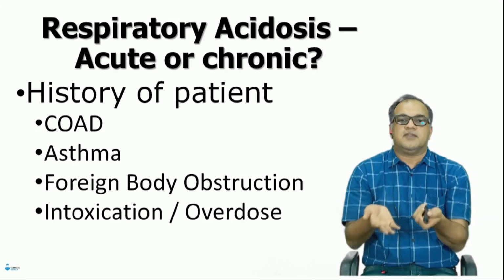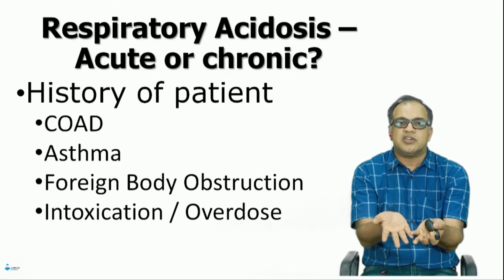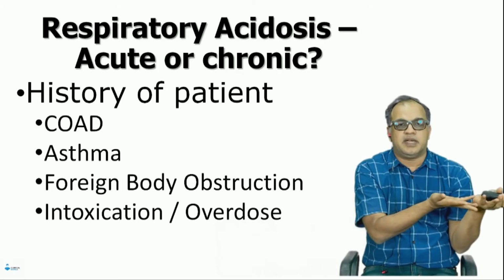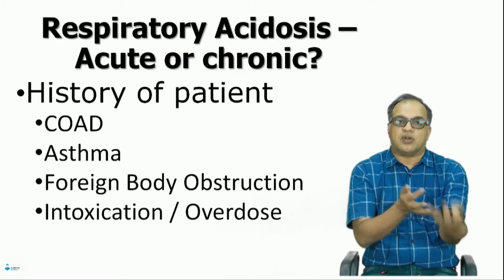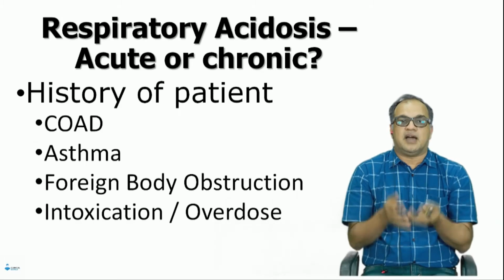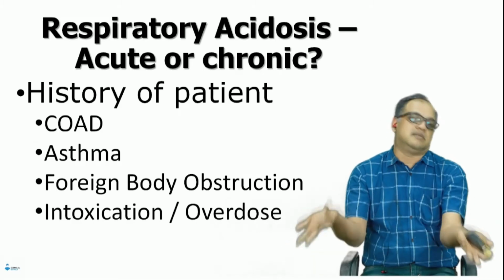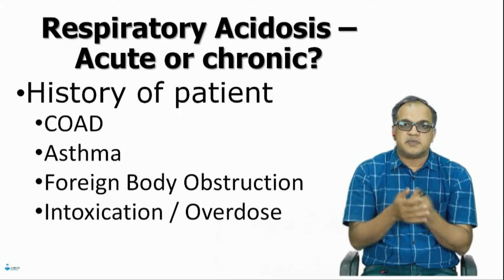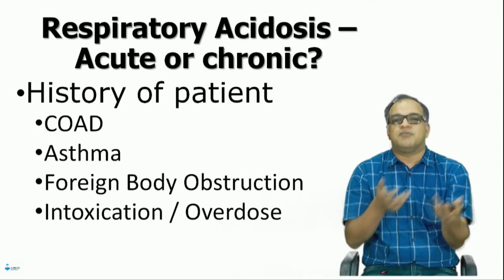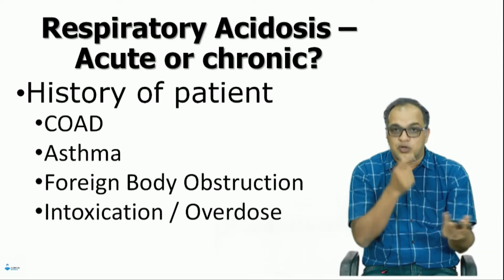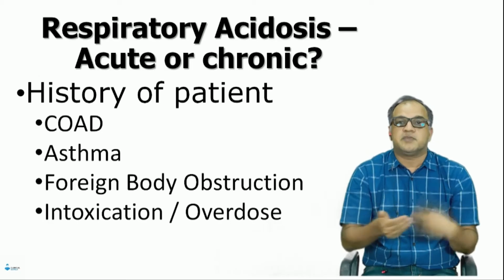The first thing we can do is ask for the patient's history. If it is a chronic COPD patient, then it could be chronic respiratory acidosis. If he has acute asthma, status asthmaticus, then it is obviously acute respiratory acidosis. Foreign body obstruction or opioid overdose are also acute respiratory acidosis.